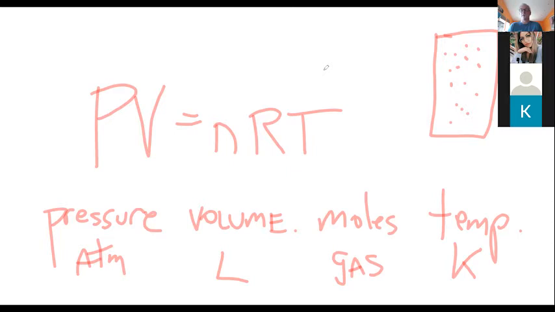Have you learned about this? The kinetic theory of gases? It's their movement, exactly. So what is it about their movement that actually causes pressure to be exerted?